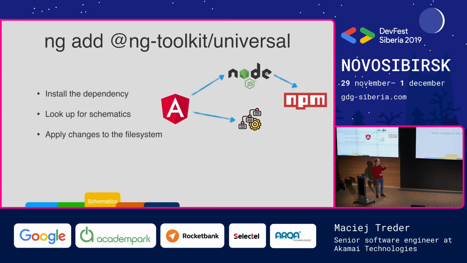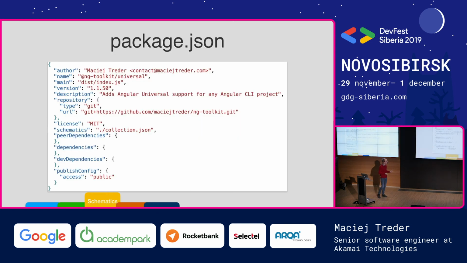Where is the Angular CLI looking for schematics? Inside the package.json, we have a field which is called schematics, just one additional field in the JSON. And in this field, we need to point to the collection.json file.